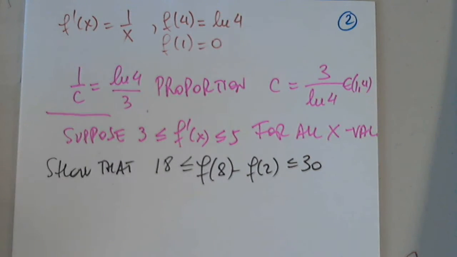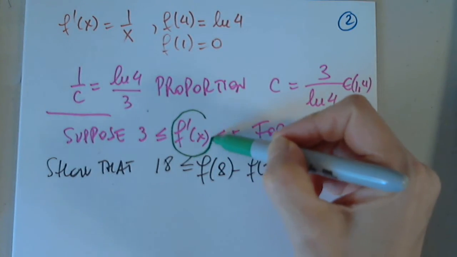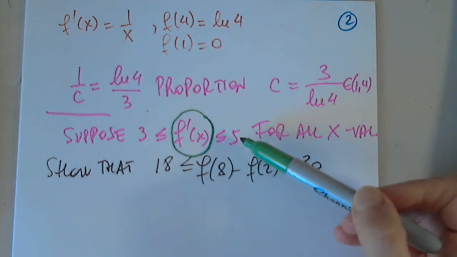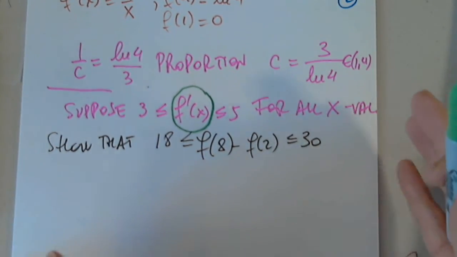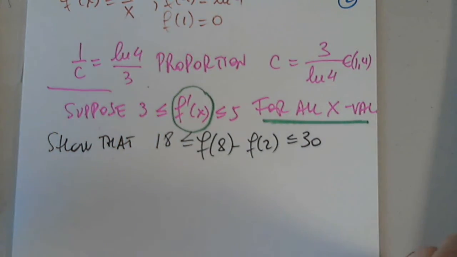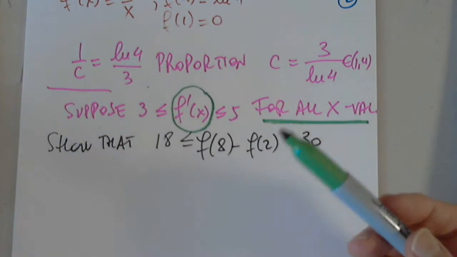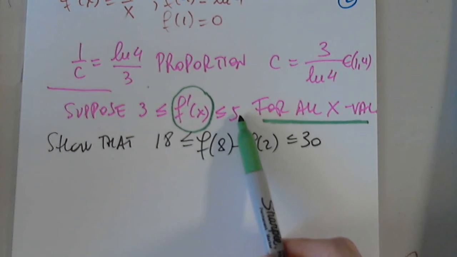So suppose that the derivative is between 3 and 5 for all x values. Okay, so how do I start thinking about this? If I am told, first of all, that the derivative is between 3 and 5 for all x, it clearly states that the function is continuous and differentiable. The derivative exists everywhere, between 3 and 5.